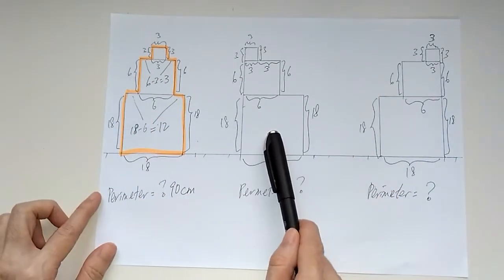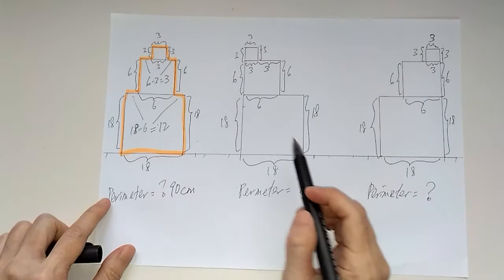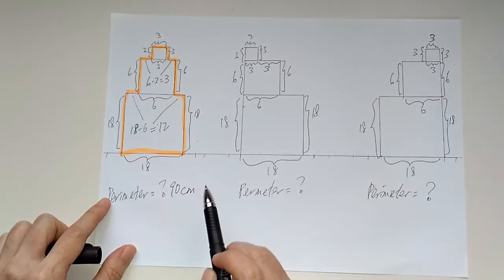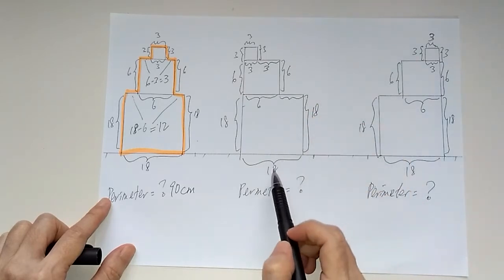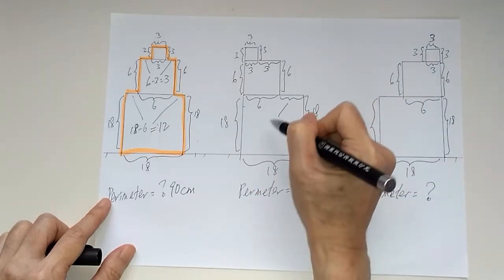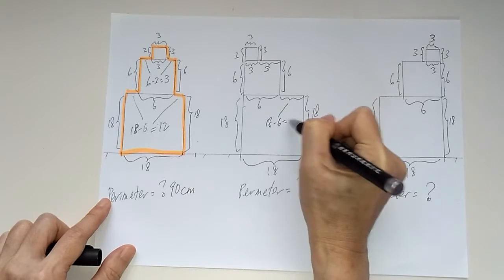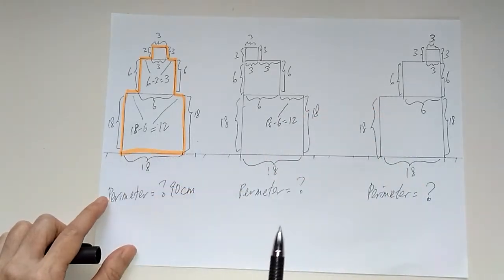Then you look at the bottom square. From here to here is 18. So this part will be 18 minus 6, 12. So it's the same as this.